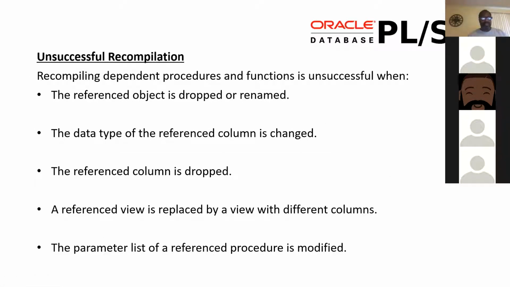Unsuccessful recompiles. Recompiling dependent procedures and functions is unsuccessful when the referenced object is dropped, the data type of the referenced column is changed, and so on.